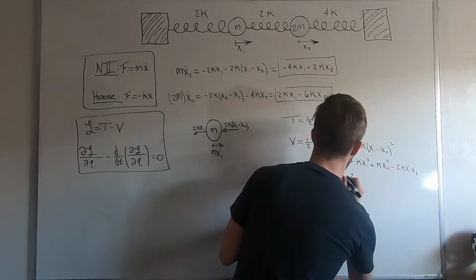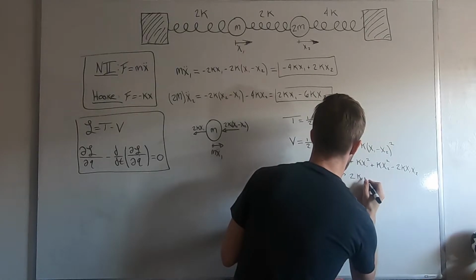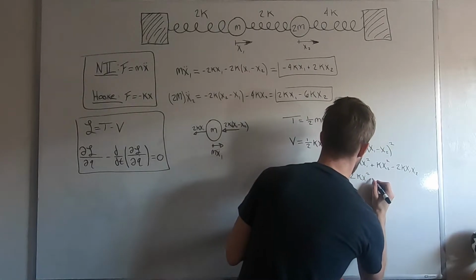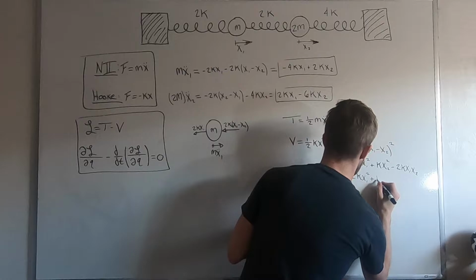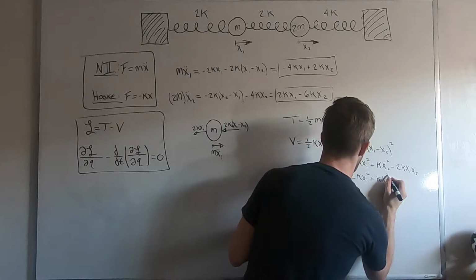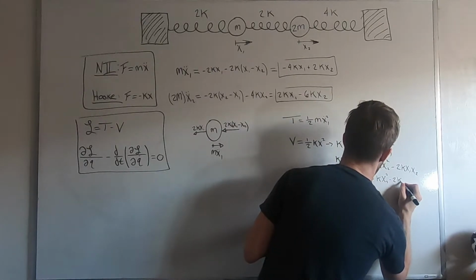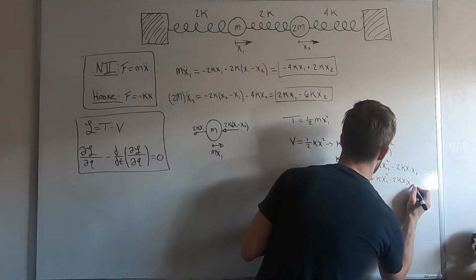We're just going to have 2k x1 squared plus kx2 squared minus 2k x1 x2.